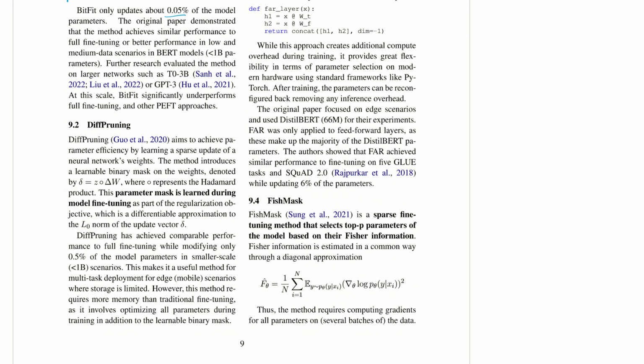Diff pruning importantly does not reduce either the amount of memory required at training time or the amount of compute. But what it does is it essentially learns a binary mask, which it learns to select the set of weights to update.